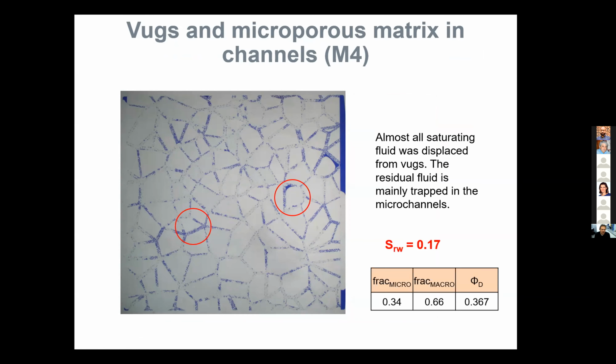At the end of the process, you have some residual fluid mainly trapped in the microchannels. In this case, just a small amount is found in the vugs. As you can see here, the residual water saturation is around 17%.